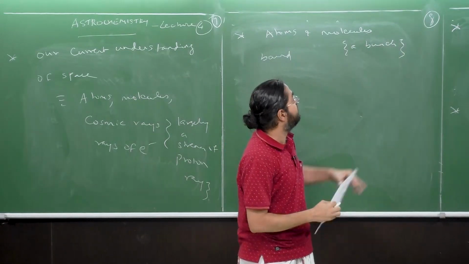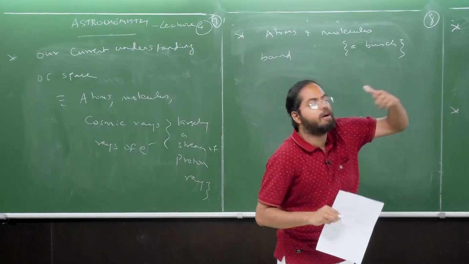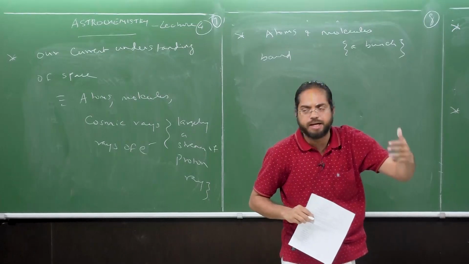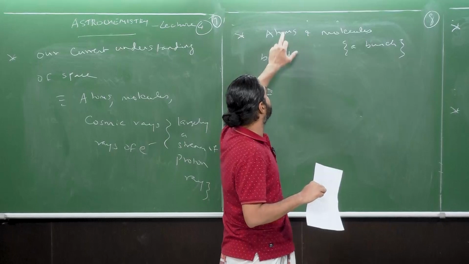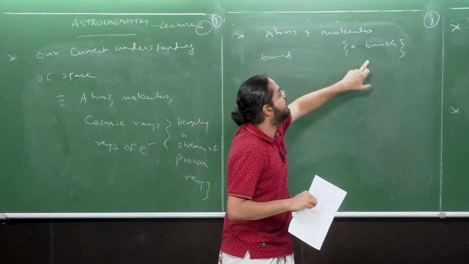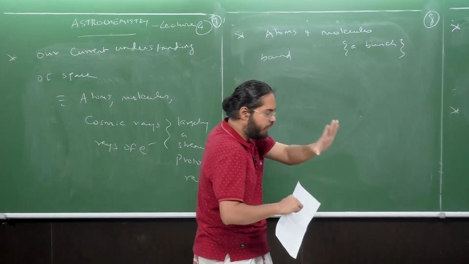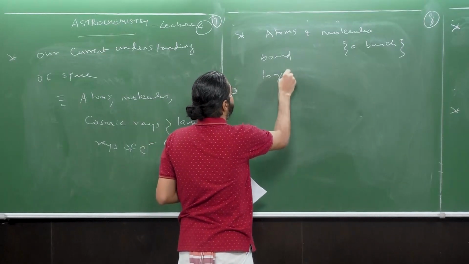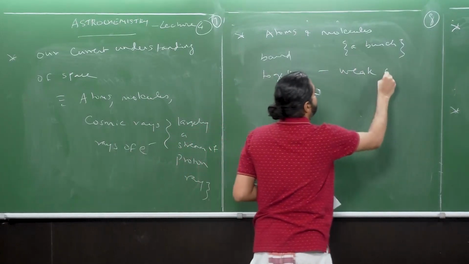Noticing that I'm clearly not defining what a bunch means, I will come back to the question of number and what a bunch means in the subsequent lectures. Currently, please bear with the qualitative description. So I deal with a bunch of atoms and molecules without exactly specifying what this bunch is for now. They are bound together by weak chemical forces.